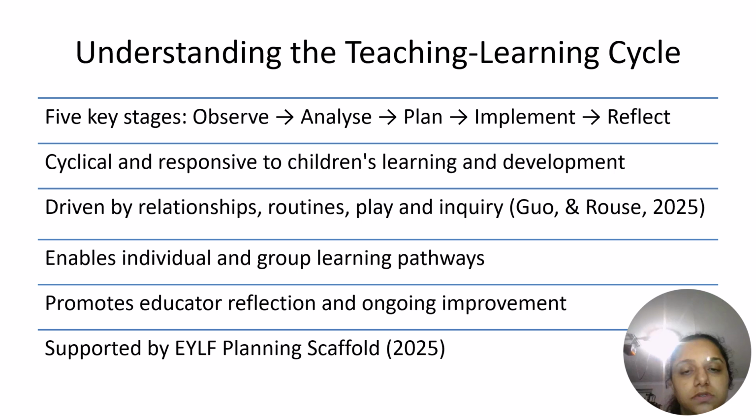Implementation involves enacting learning experiences, and reflection helps us evaluate effectiveness and guide future actions. By continuously moving through this cycle, educators remain responsive and intentional, ensuring children's learning experiences are relevant, engaging, and culturally safe. This cycle is essential to professional evidence-based teaching.